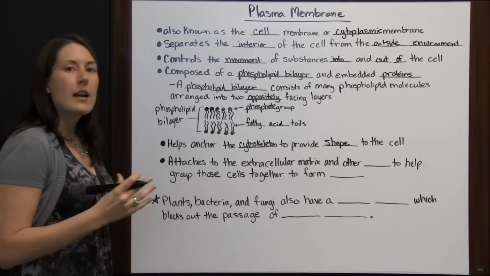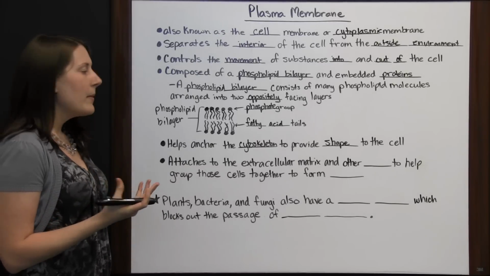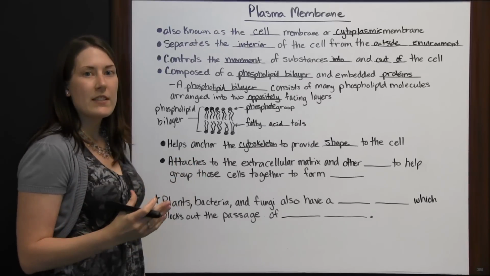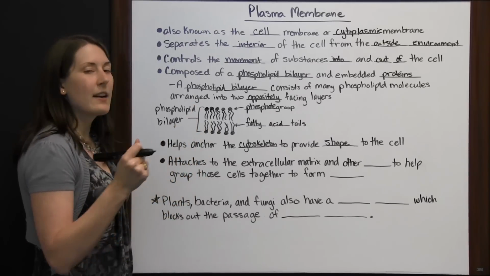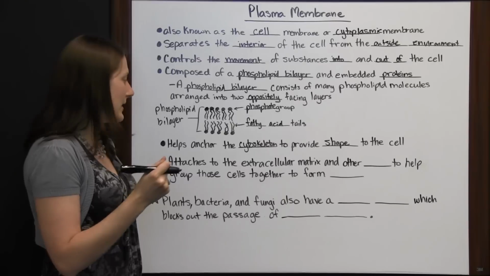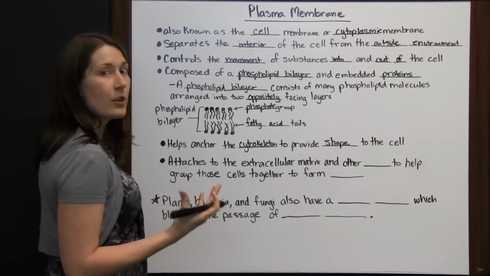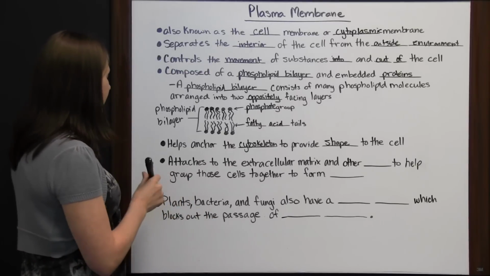So the cell kind of looks like a big blob, or a very small blob, and the cytoskeleton helps give it some shape, and the plasma membrane kind of holds that cytoskeleton in place, because otherwise it doesn't have anything to anchor to hold on to keep that shape.